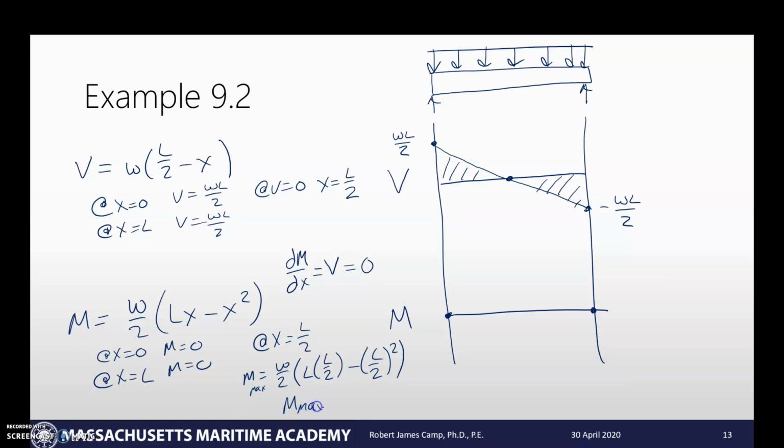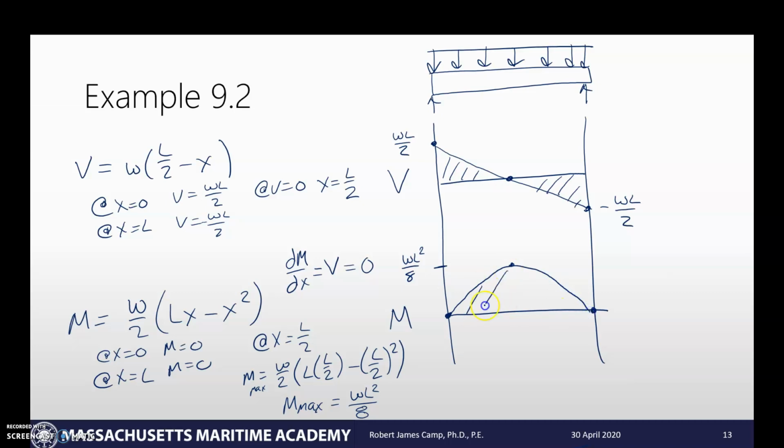And so if I collapse this down a little bit, put everything together, what I'll get is WL squared over 2. Okay, and so that's our maximum moment. And that's not over 2, over 8. That's our maximum moment. It is positive, so we're going to come here and go WL squared over 8. And that's going to happen right here at L/2.